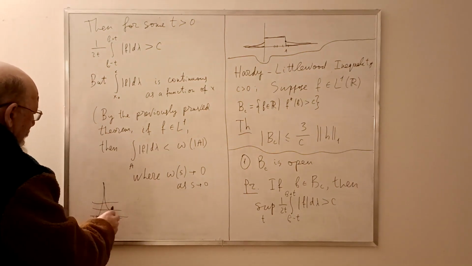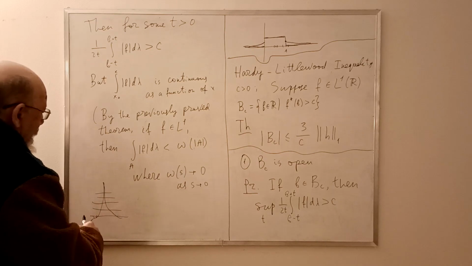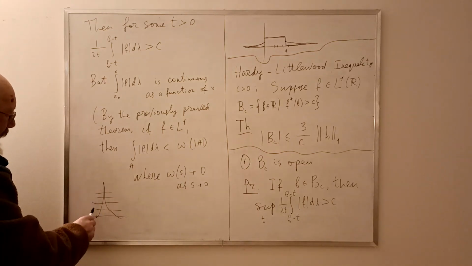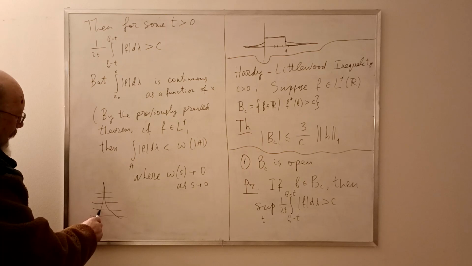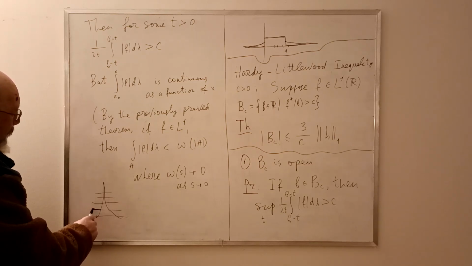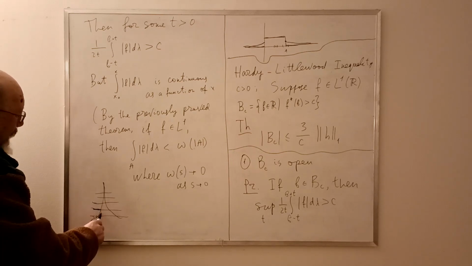the Lebesgue integral, we divided the y-axis into these segments, and we consider the product of the value, the height of this floor, times the measure of the set, the projection of this on the x-axis.